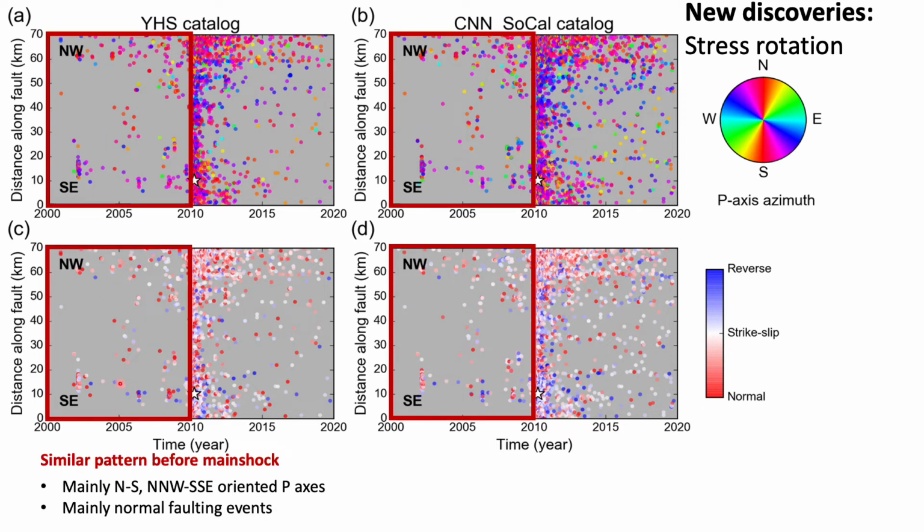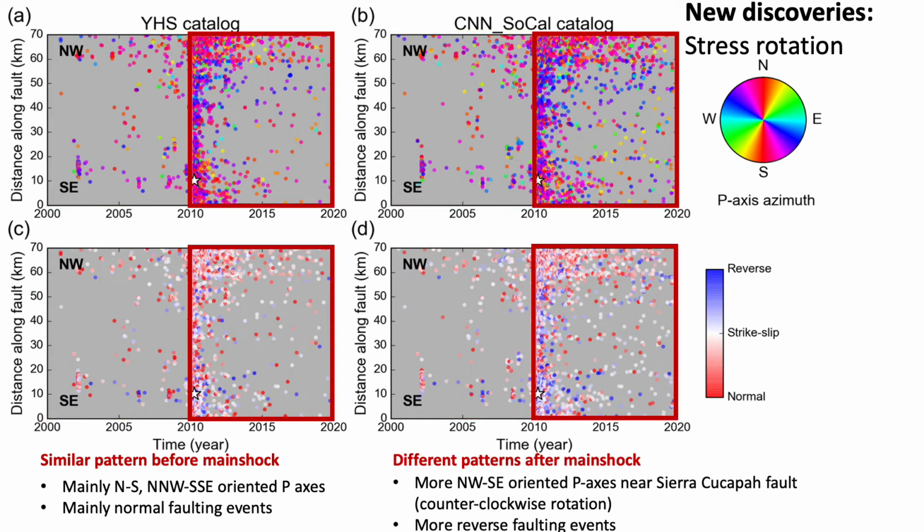Before the main shock, these two catalogs share similar patterns, with mainly north-northwest, south-southeast oriented P-axis azimuths and mainly normal faulting events. After the main shock, the new catalog shows more northwest-southeast oriented P-axes near the Sierra Cucapah fault and more reverse faulting events, suggesting more significant stress rotation after the major rupture.